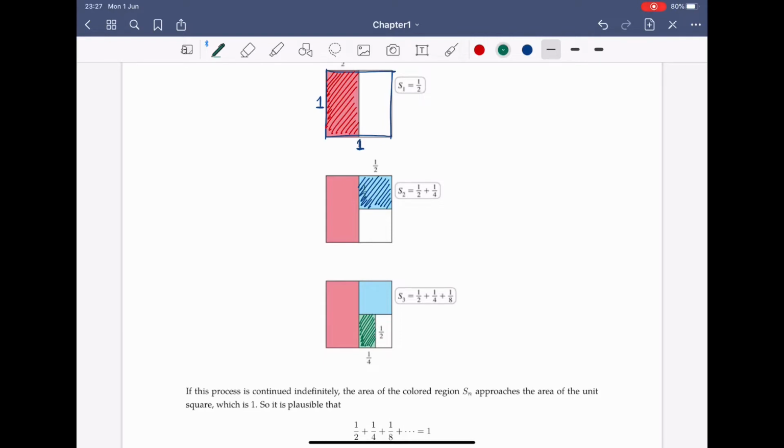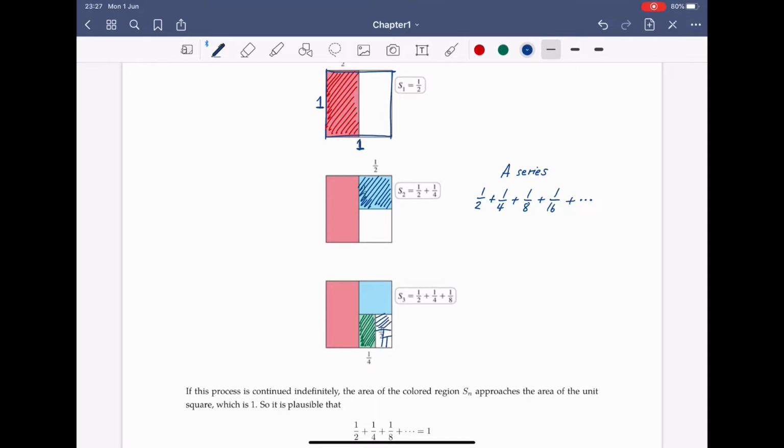If you keep repeating this again and again, you're going to get a series, and that series is 1/2 plus 1/4 plus 1/8 plus 1/16 and so on. You can keep doing it forever, right? Because you can just cut half again, and again, and again.